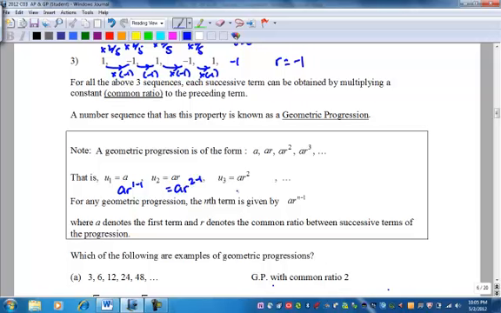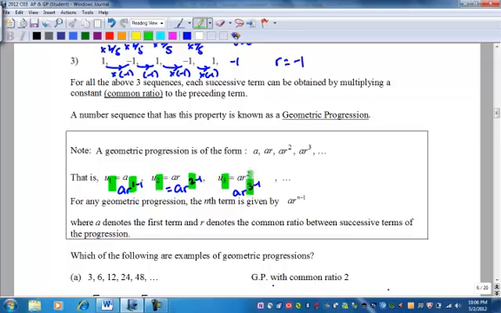Third term AR squared, we can write it as AR power 3 minus 1. Observe the relationship between the position of the term and the relationship between the suffix and the power, as I highlighted.